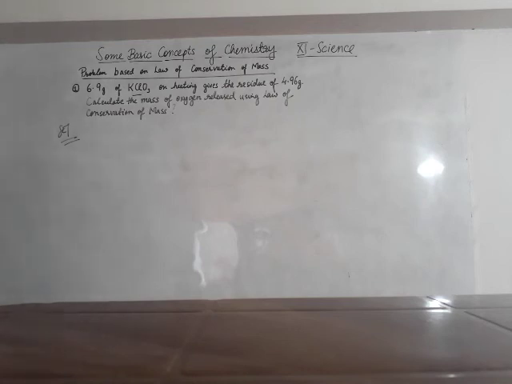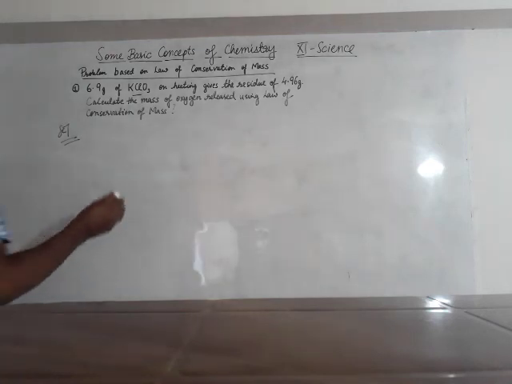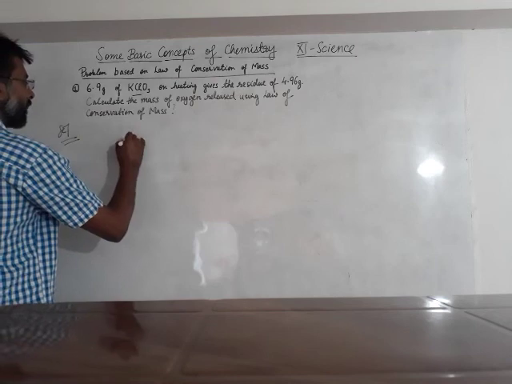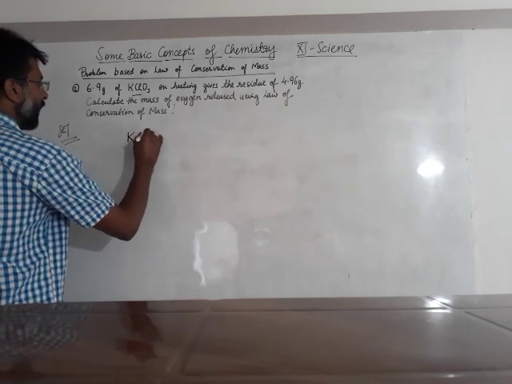Now, to be able to do this numerical, by reading the question, you must be able to write or frame the chemical equation yourself. Potassium chlorate, the formula is already given in the question: KClO3.